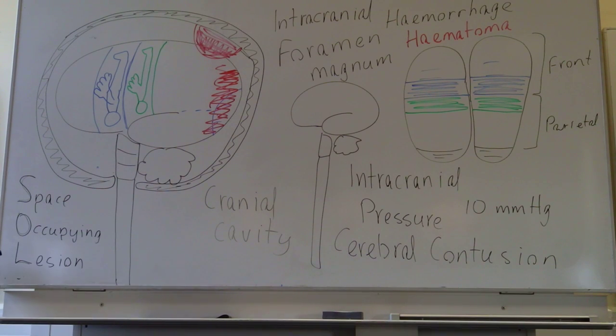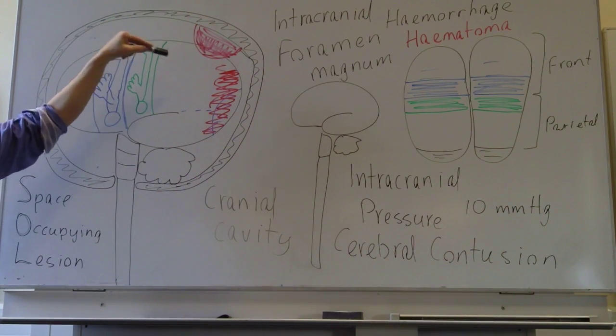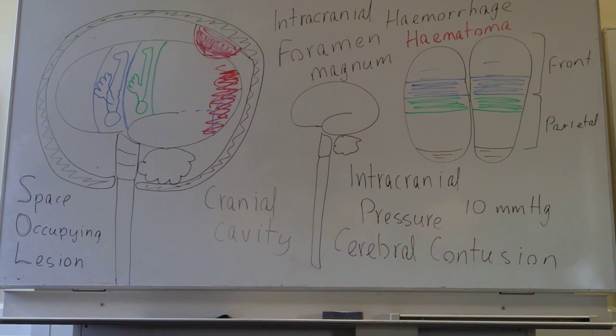Now a lesion is anything that's abnormal. So here we have abnormalities as a result of an injury.